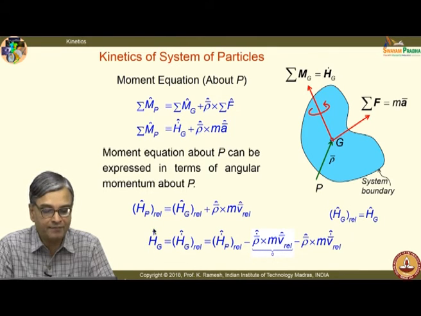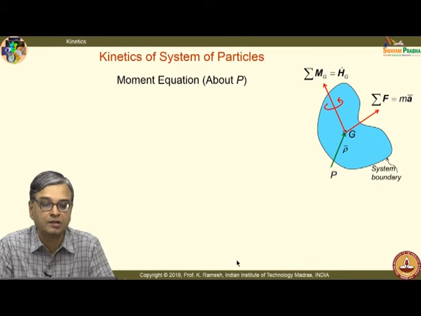So, I have an expression for h g dot. This could be substituted in this equation, fine. So, that is what I am going to do. We have seen M_P equal to h dot g plus rho bar cross m a bar.